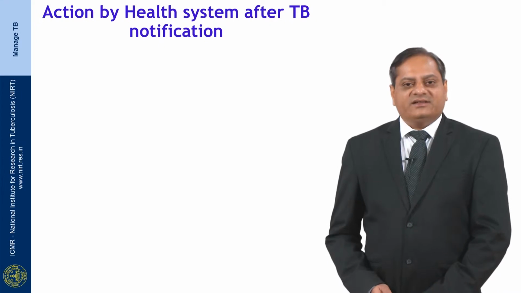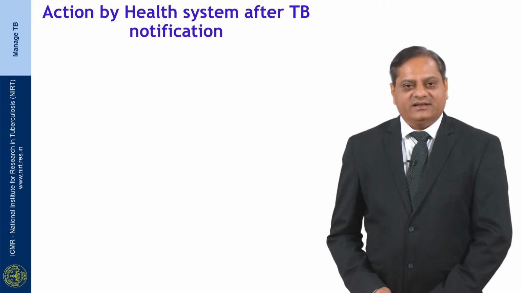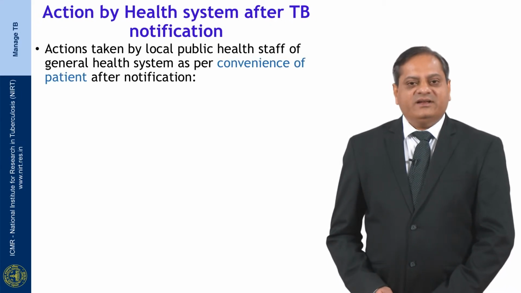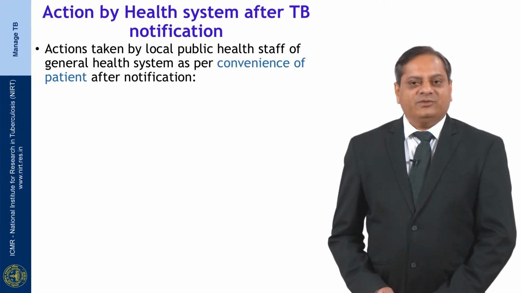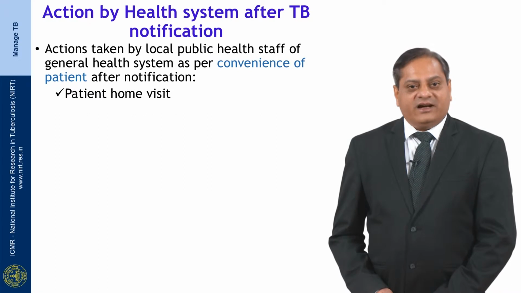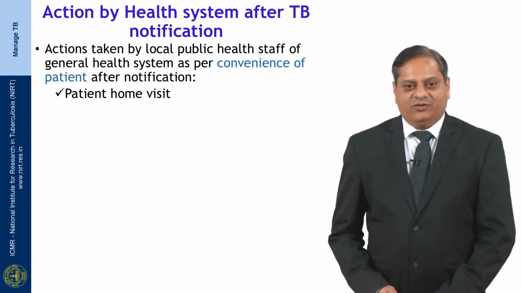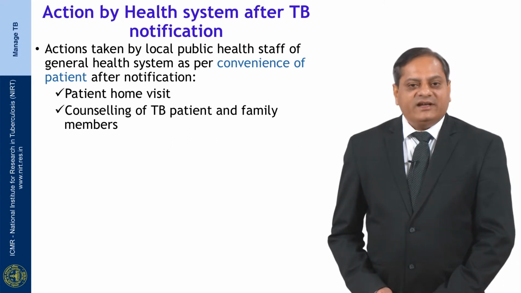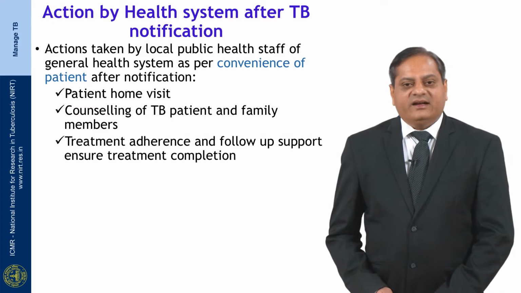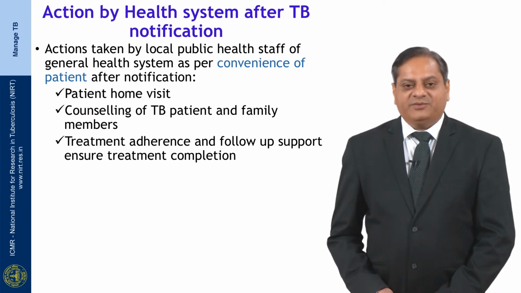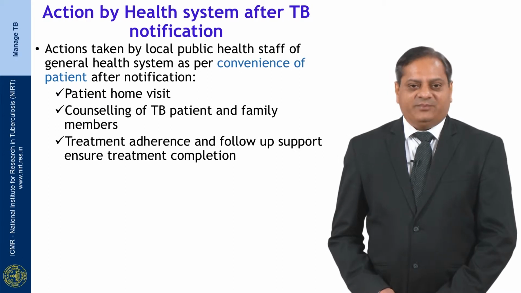Now, what are the actions by the health system after this notification? Once the information is available, as per the convenience of the patient and only after the consent of the patient, the first important thing is patient home visit, then counseling of the TB patient and the family members, which is equally important, and treatment adherence and follow up support to ensure treatment completion, which is usually lacking in the private sector.